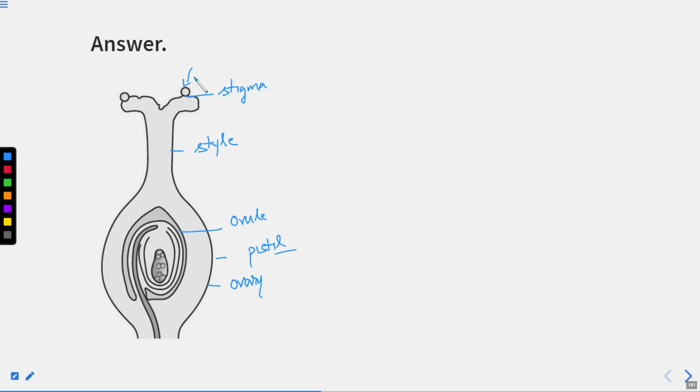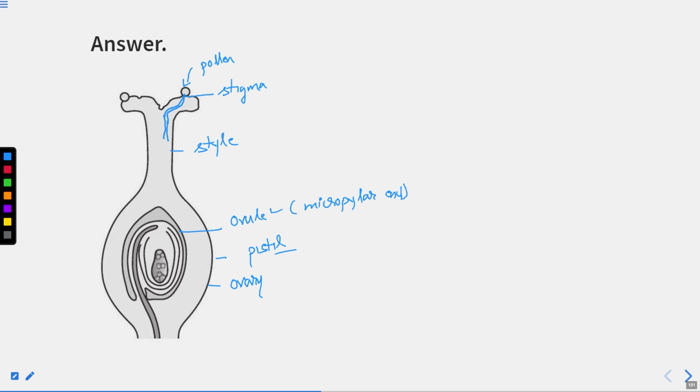So suppose this is the pollen. If compatible, this pollen will germinate and form the pollen tube. The pollen tube will start traveling from here and it will carry the two male gametes. It will enter the style and then it will enter the ovule. In the end, it will enter the ovule through the micropylar end.